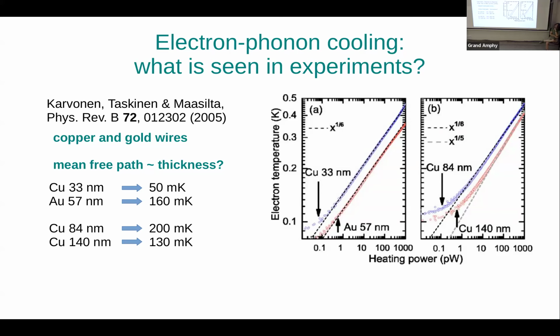They did several samples, different metals, but these are wires, so they don't give any number for the mean free path independently. They just say it is of the order of wire thickness. Okay, so these are the crossover scales. And sometimes they see power 5, sometimes they see power 6.